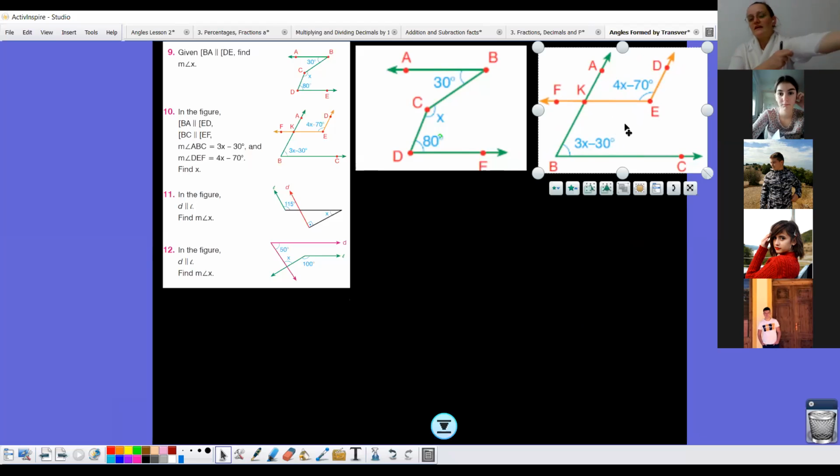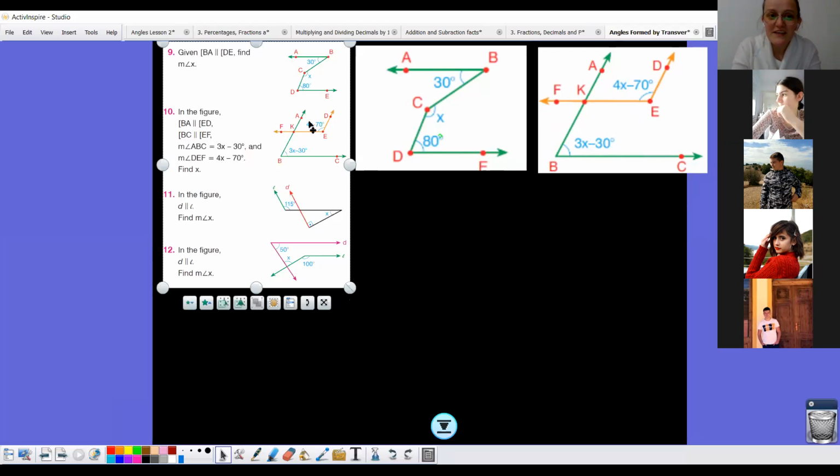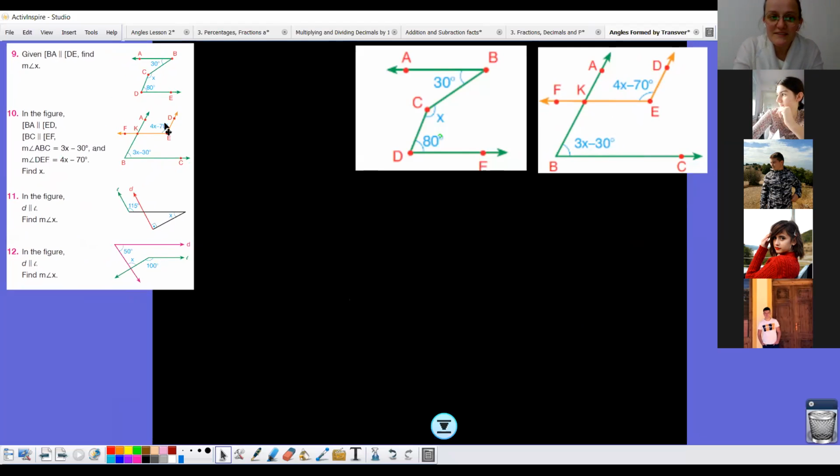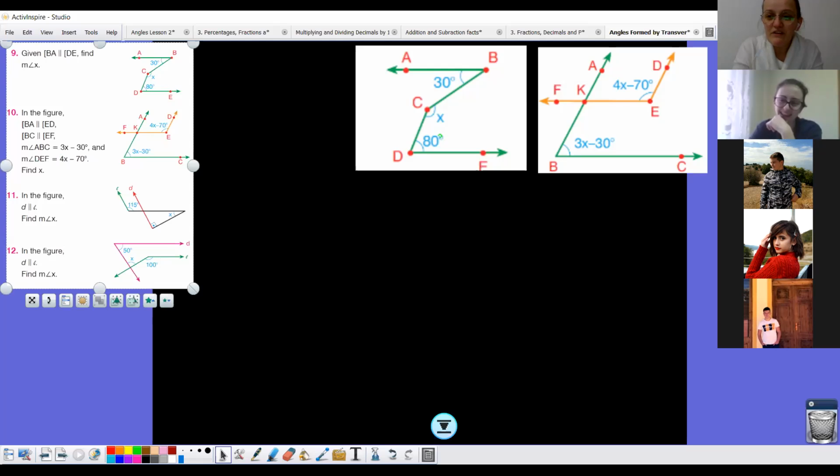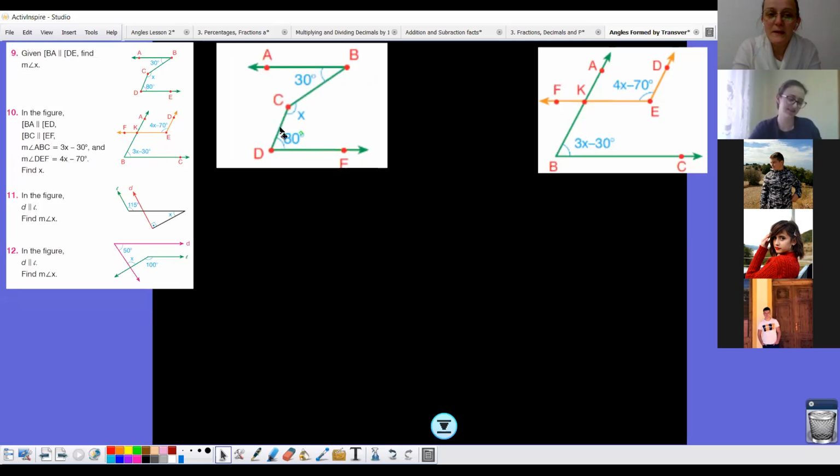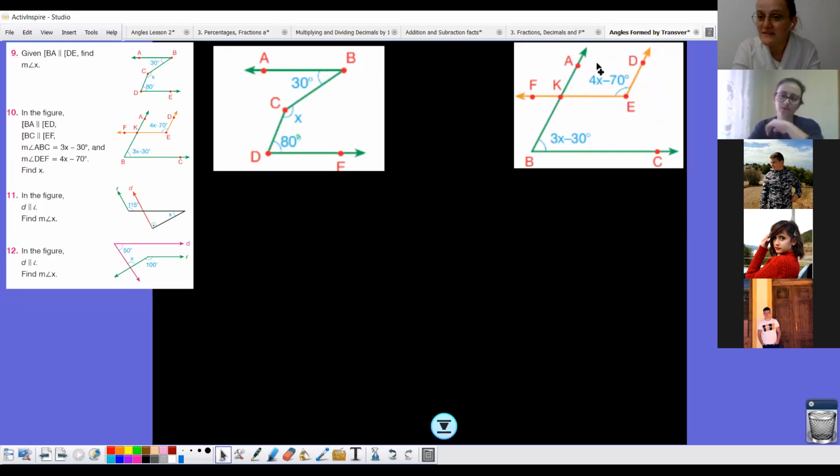What's geometry? It's the definition. Geo and metric, measuring. What we said in the first lesson: measure the earth. Yes, that is geometry.